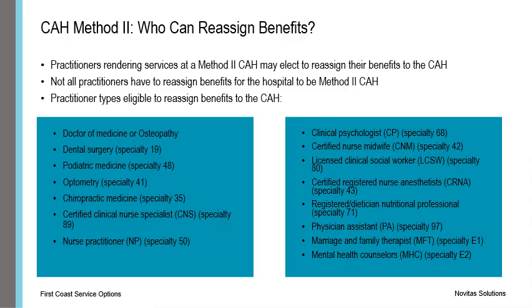Practitioner types eligible to reassign benefits to the CAH are Doctor of Medicine or Osteopathy, Dental Surgery, Pediatric Medicine, Optometry, Chiropractic Medicine, Certified Clinical Nurse Specialist, Nurse Practitioner, Clinical Psychologist, Certified Nurse Midwife, Licensed Clinical Social Worker, Certified Registered Nurse Anesthetist, Registered Dietitian Nutritional Professional, Physician Assistant, Marriage and Family Therapist, and Mental Health Counselors.